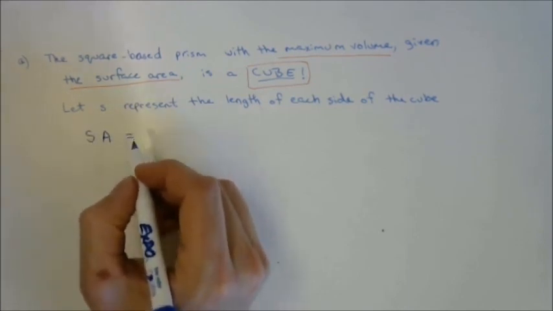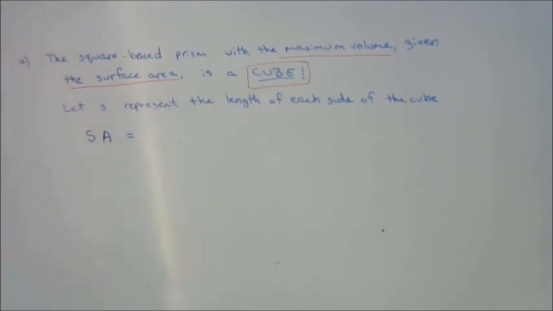Well, what's the surface area of a cube? Think about it. Does S cubed give us the surface area of a cube? No, it gives us the volume of a cube. Centimeters squared. Length times width times 6.